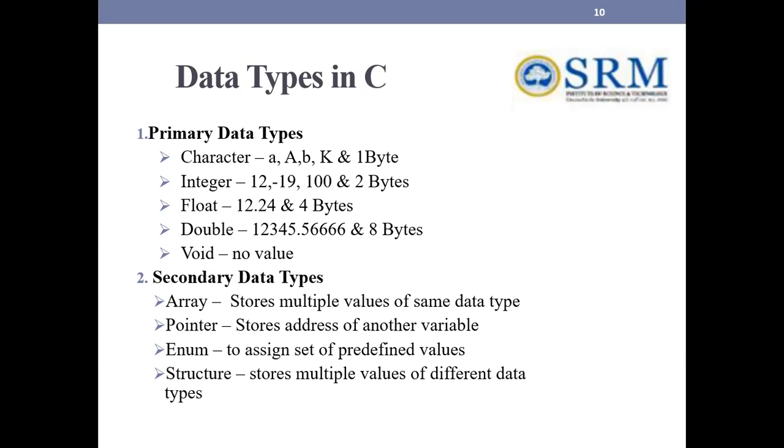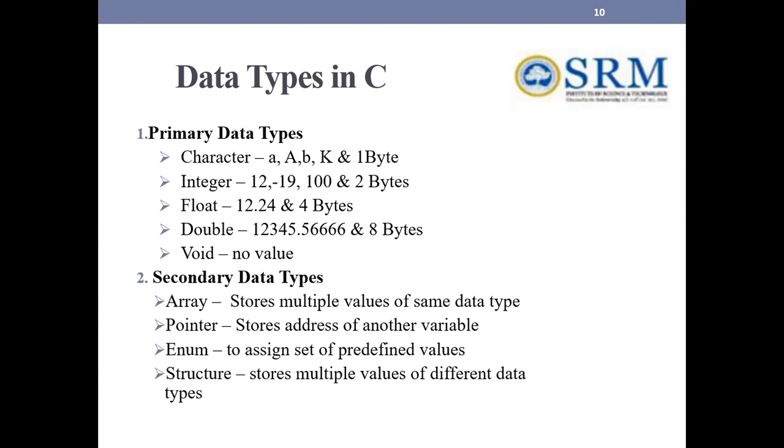And secondary data types. There are four important types in secondary data types. The first one is array. Here, we name the values as a variable. A normal variable can store only one value, for example int a equal to 10.